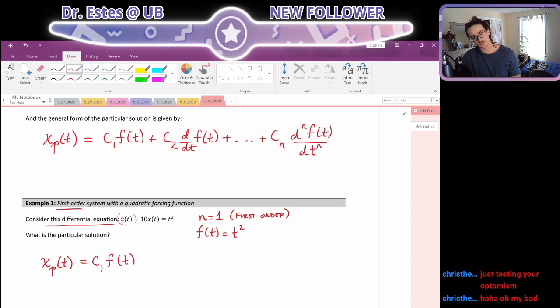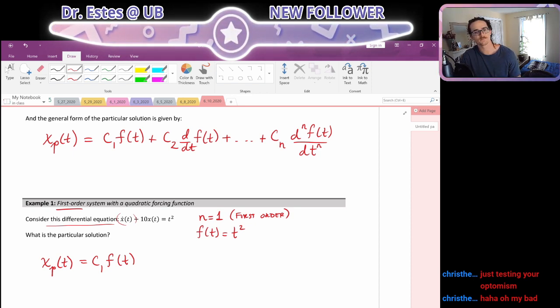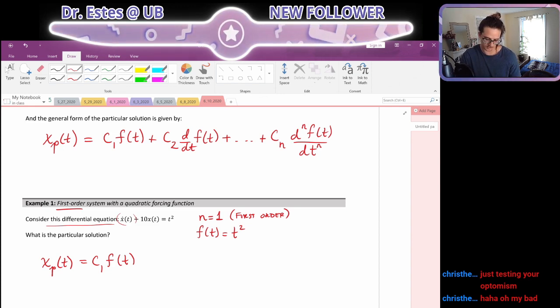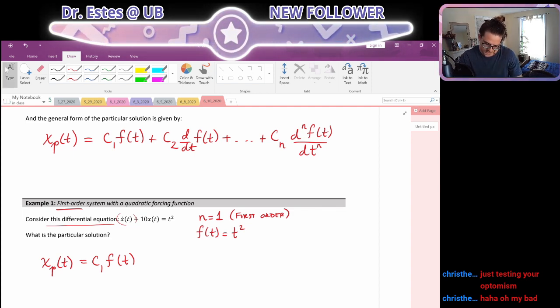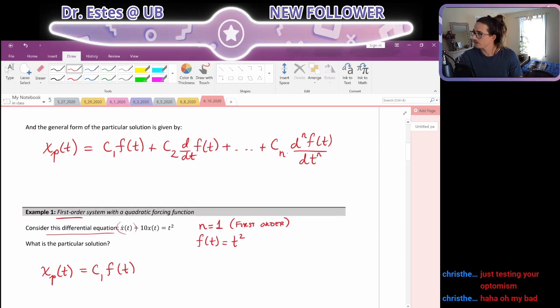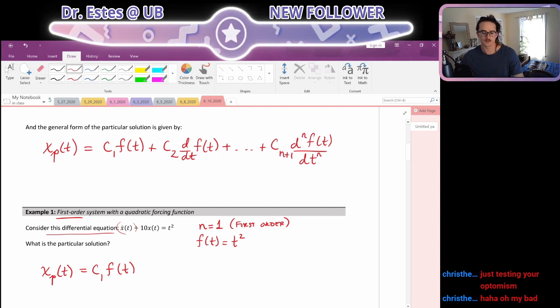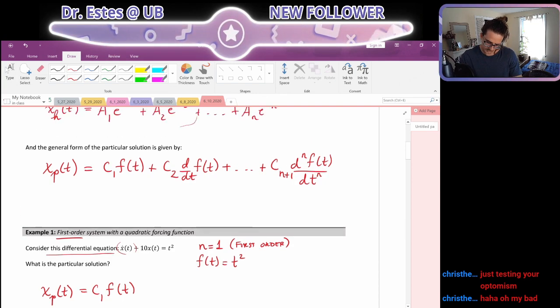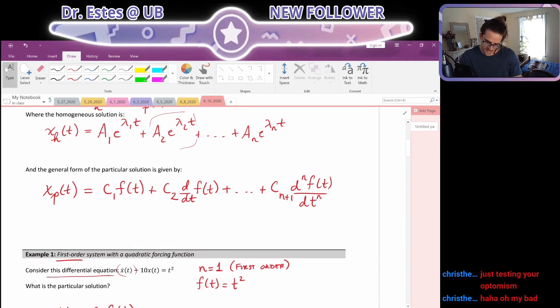Well, fortunately, in this case, there's only one derivative. Oh, you know what, though? I think I have to put an n plus 1 here. Yeah, up here. Yeah, that'll go to an n plus 1 term.